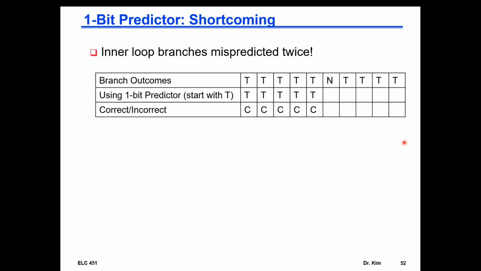But when we are going to exit the loop, we're going to be incorrect. And then we are going to predict the reverse. We're going to predict that the branch is not taken because we were wrong last time. So we reverse our prediction, and then we are incorrect again because we are exiting the second loop and we're not branching back, or we're branching actually back in the outer loop, rather. So we have that situation for nested loops with a 1-bit predictor.